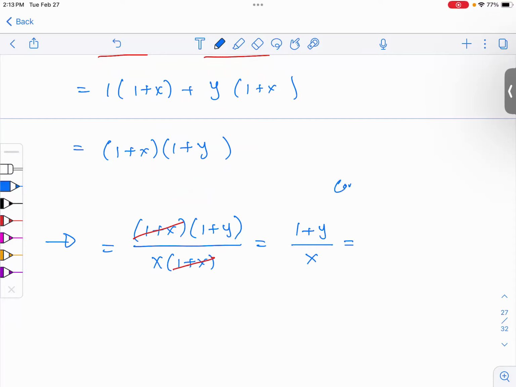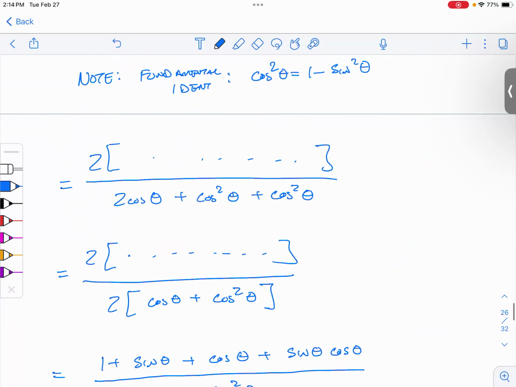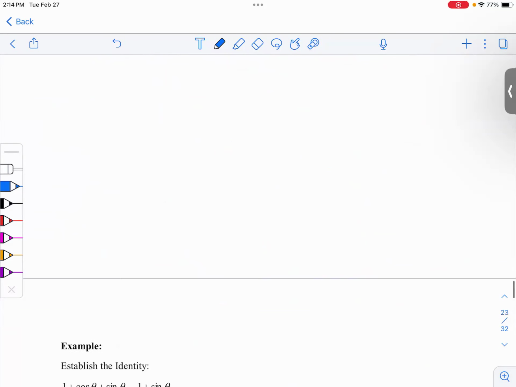Convert back. Gives me 1 plus sine theta over cosine theta.